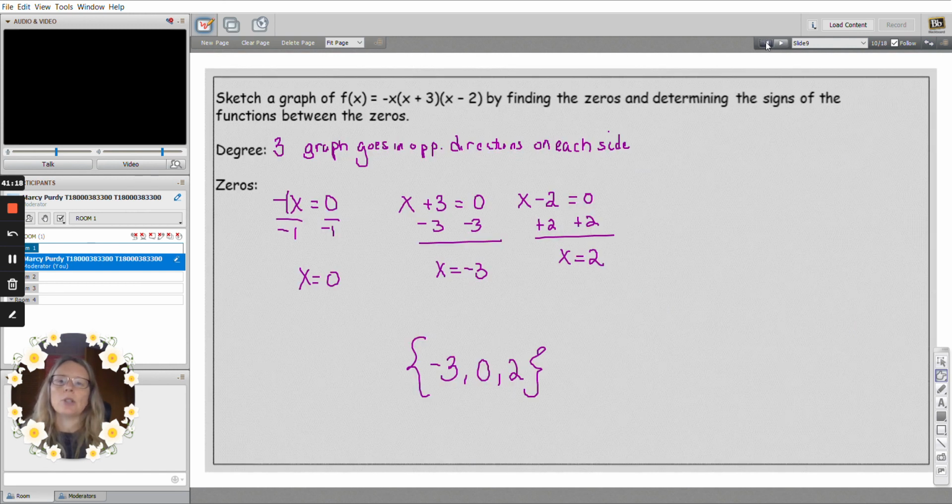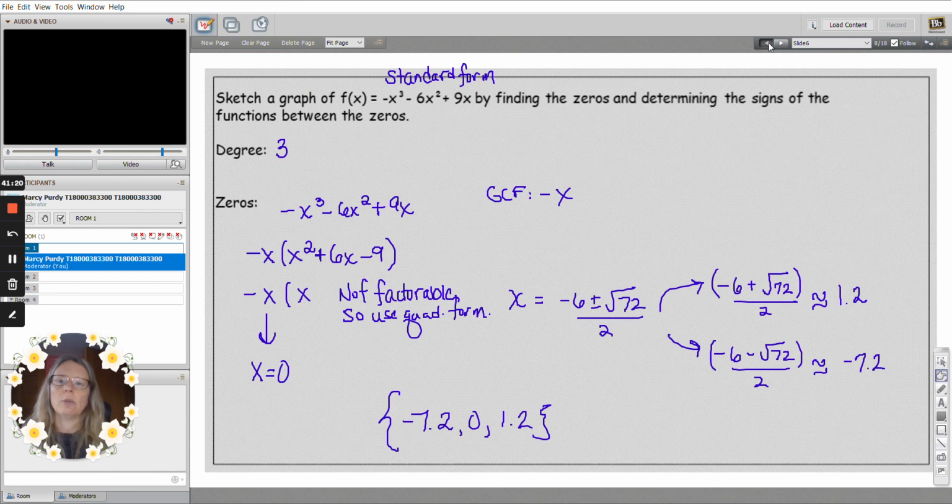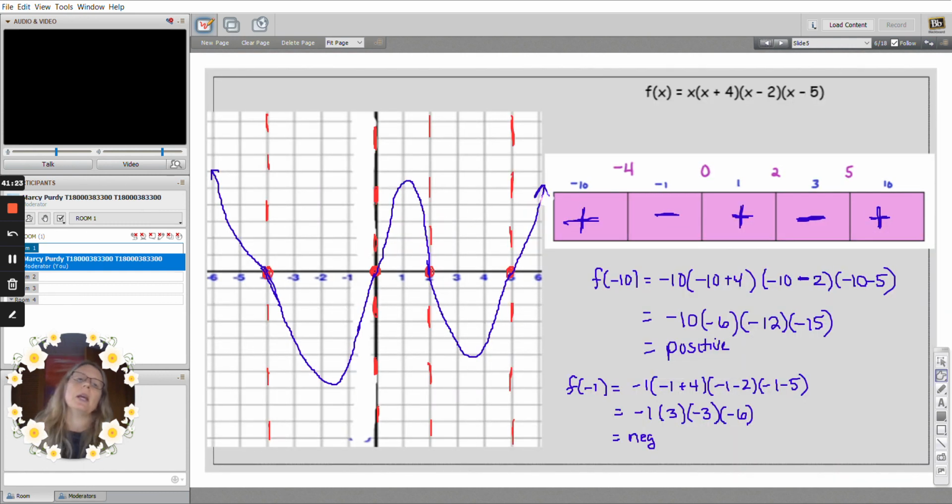If you go back to the one that was degree 4, we have at most 3, it's always one less, so at most 3 relative max and min. And if you look, we have 2 relative min and 1 max. So we have 3.